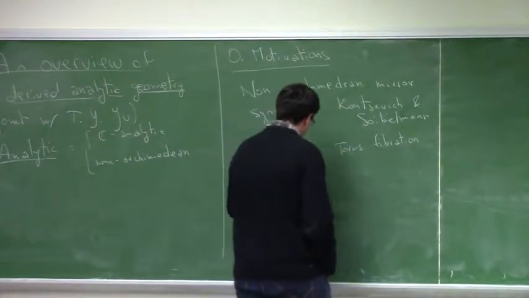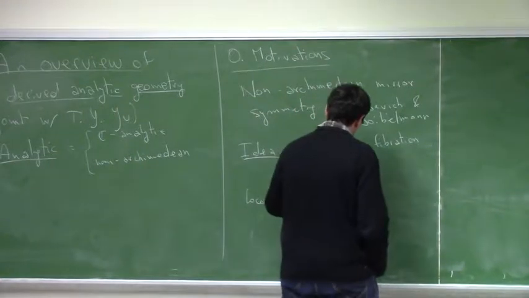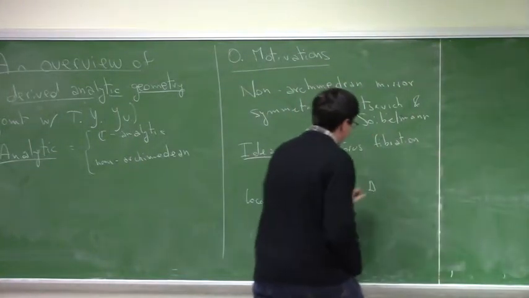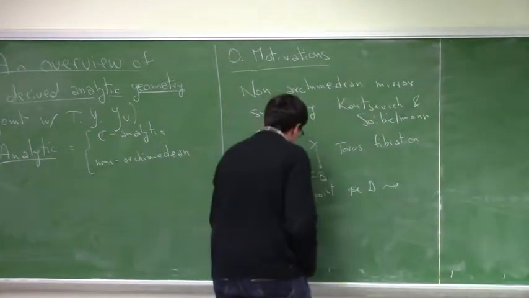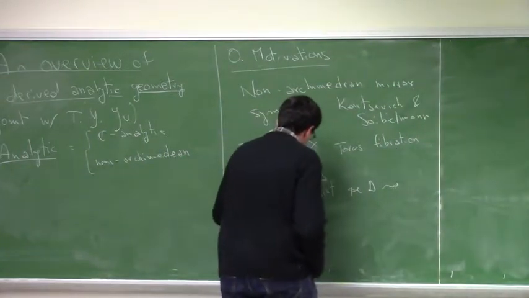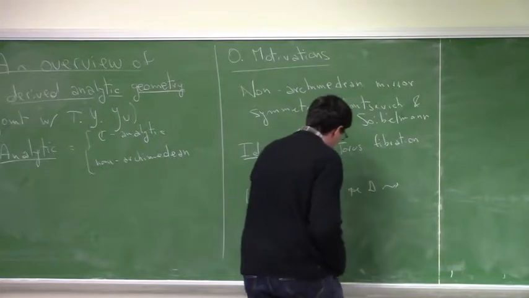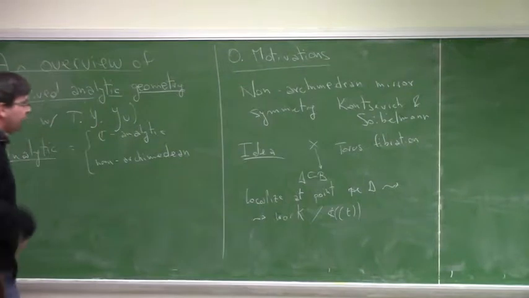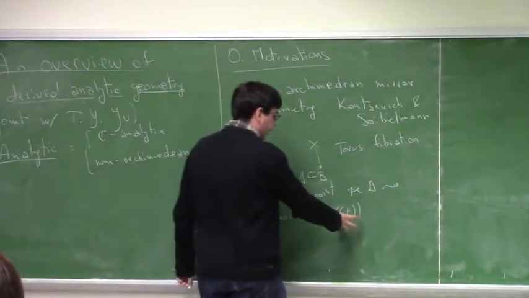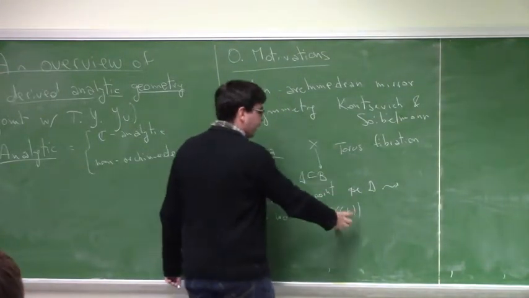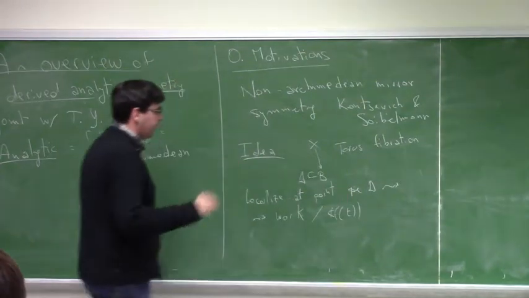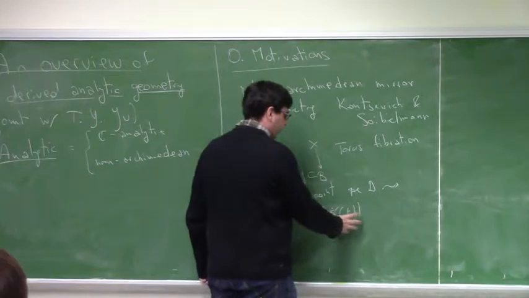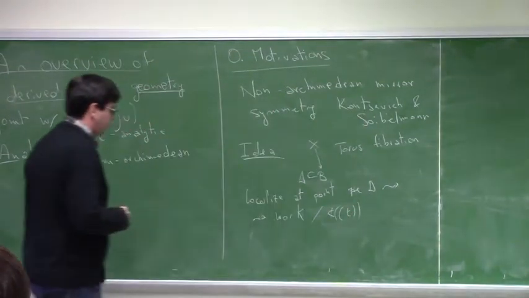Localize at a point P in Δ, and go to work over Laurent series over C. This can be seen as a non-Archimedean field, and if I have some algebraic variety over it, I can do Berkovich analytification to construct a non-Archimedean torus fibration over this non-Archimedean field.